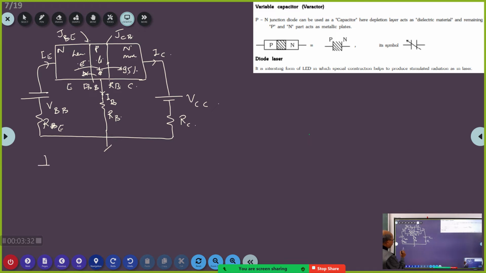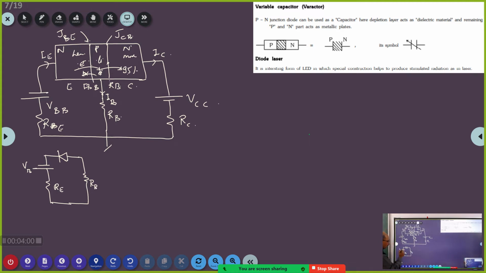So this one is drawn like this. So this is RE, and this is VB, and then of course I'm also going to show you this resistor, which is written as RB.